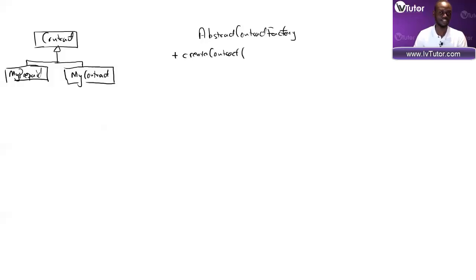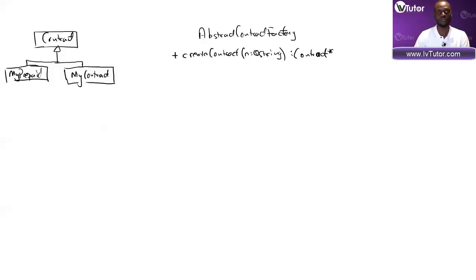And inside this function, how do we know which one to return? You tell us which one you want. So I'll just give us the name of the contract, which is a QString. And this function would return a pointer of type contract, which is a pointer, right?